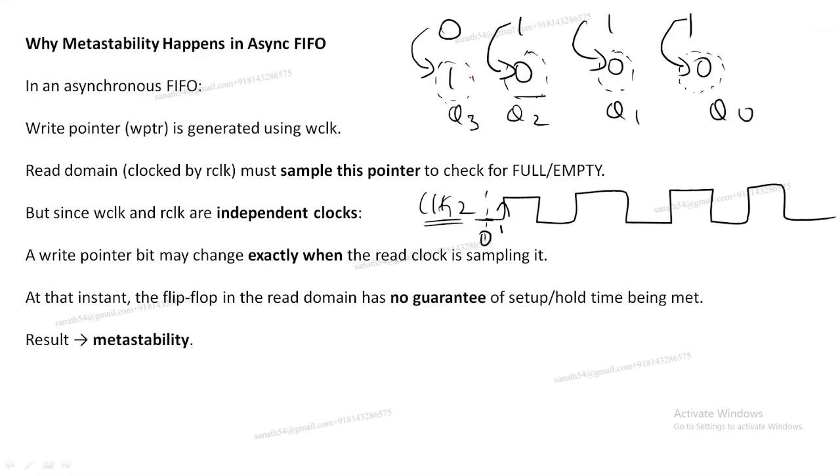Gray code means there is only one change at a time. Suppose you consider 00, 01, 11 and 10. There is only one change each time.